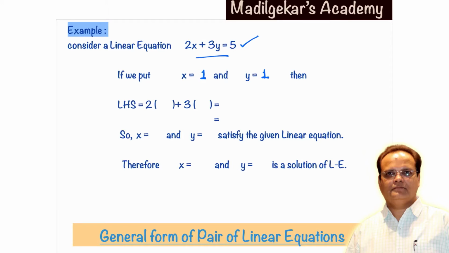LHS is 2 into 1 plus 3 into 1, which gives 2 plus 3, that is 5, which is RHS of that equation. So x equals to 1 and y equals to 1 satisfies the given linear equation. So you may call x equals to 1 and y equals to 1 as a solution of linear equation.